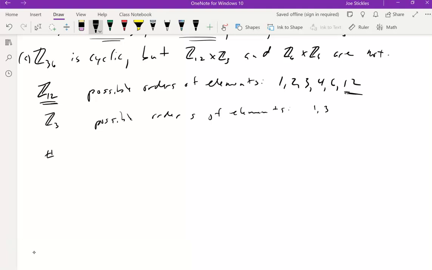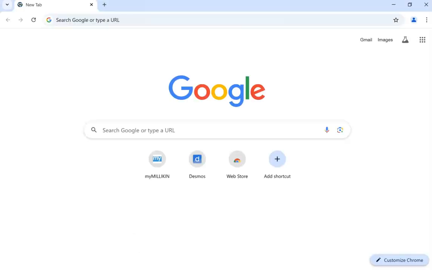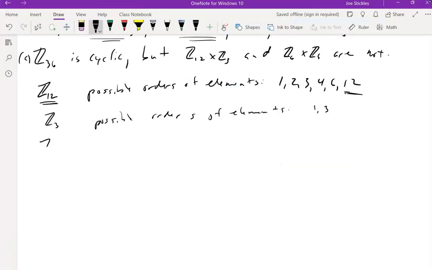So for Z12, your number of elements of order 12 is 4 in this case.